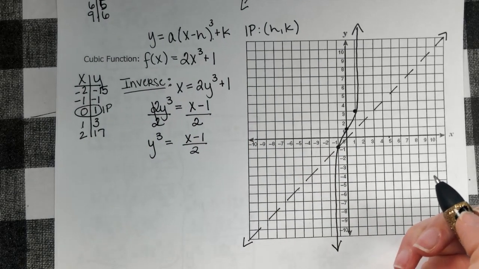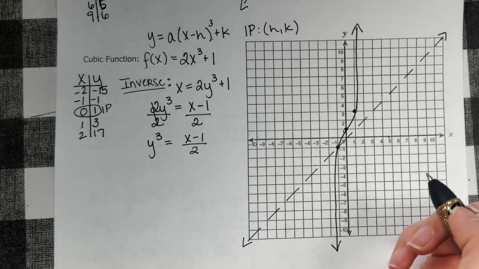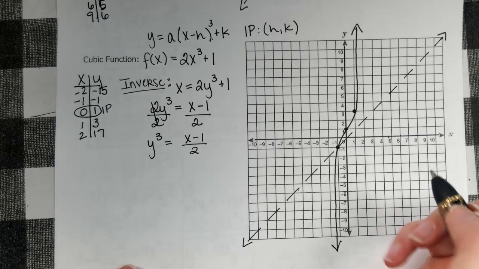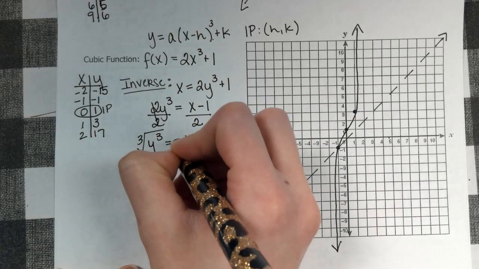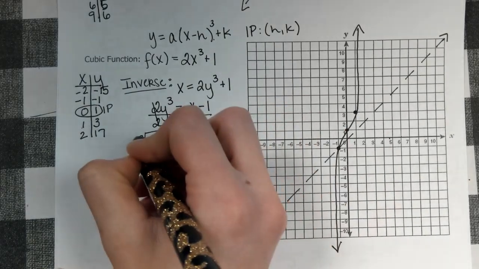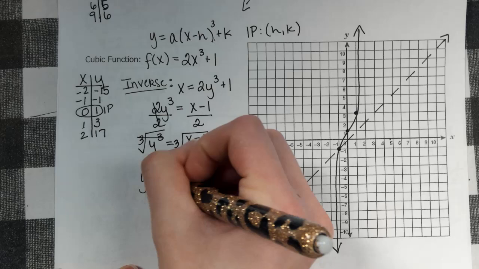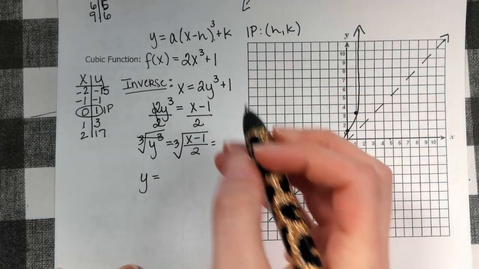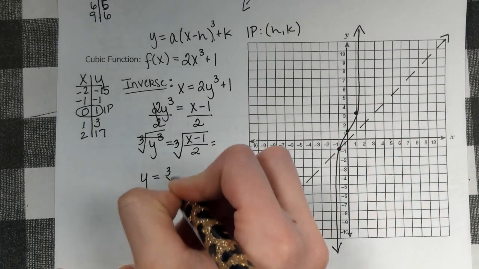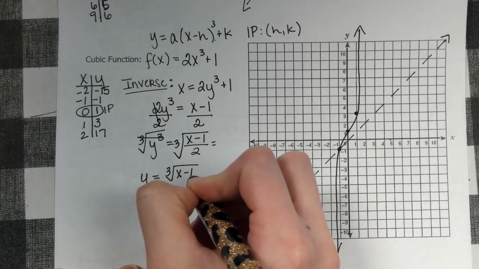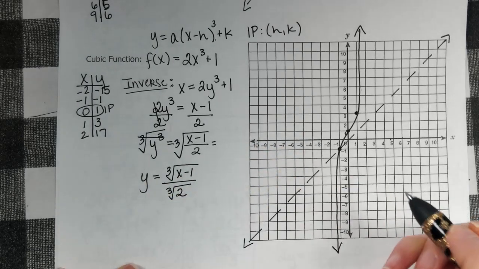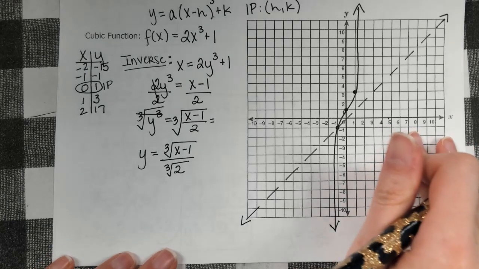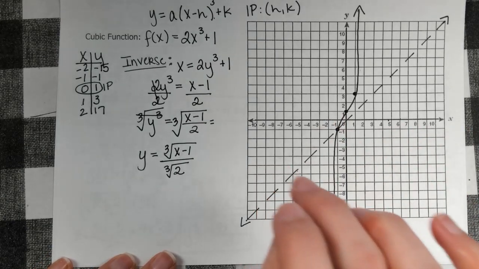Question. If y is being cubed, what do we have to do? Cube root it. Okay. When you cube root this, you are taking the cube root of your numerator and the cube root of your denominator. So what happens?